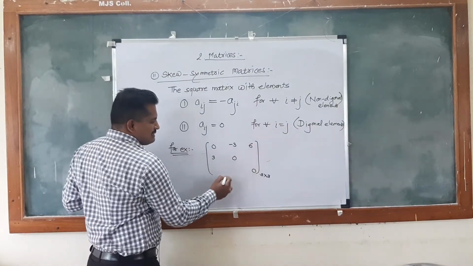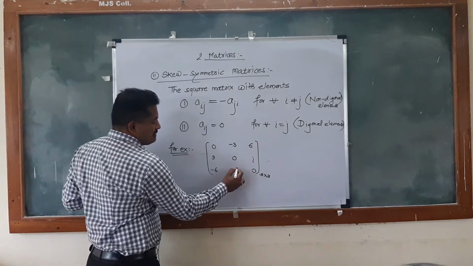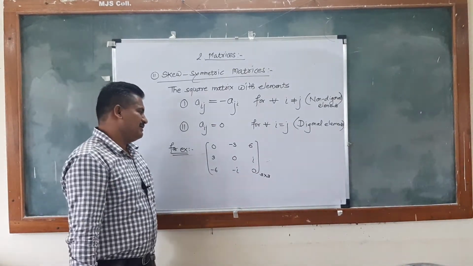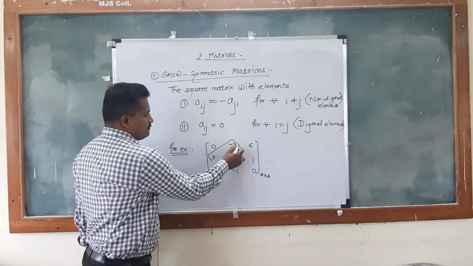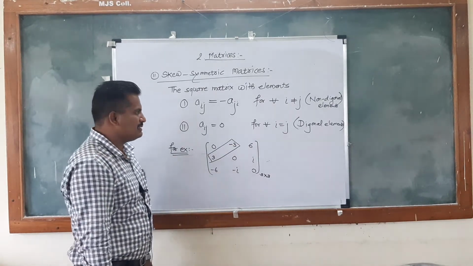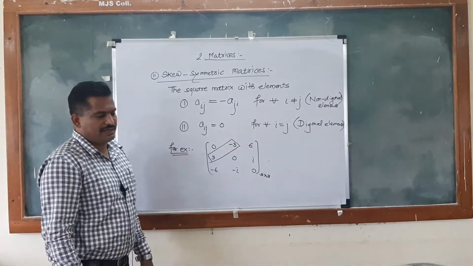It is a 6, it is a minus 6. It is an i, it is a minus i. That means when we take these elements, they have opposite signs. This type is known as a skew symmetric matrix.